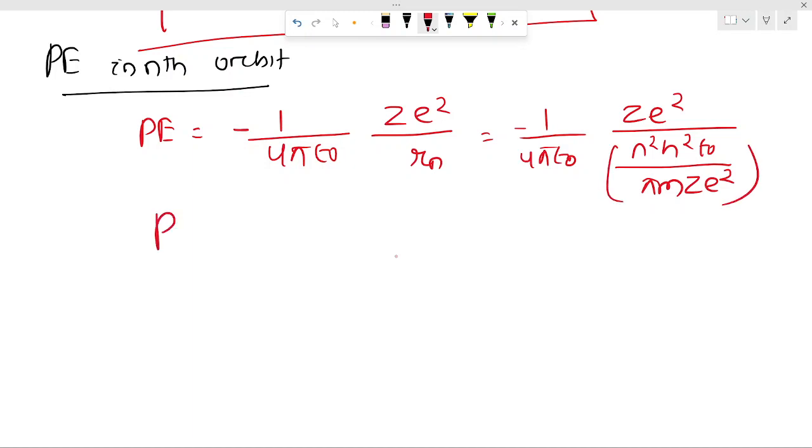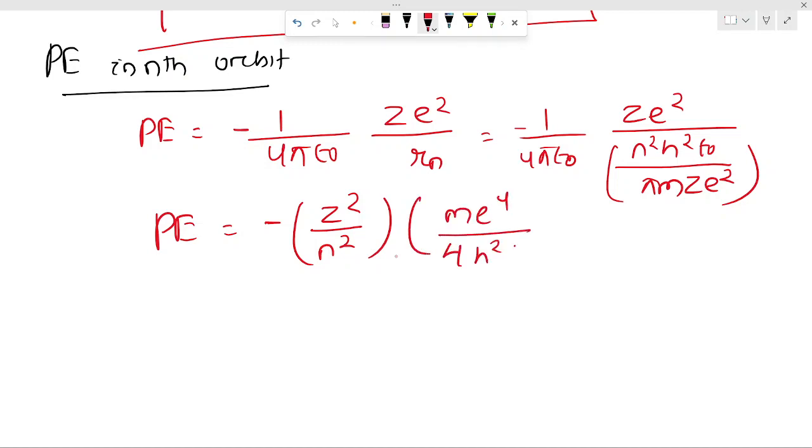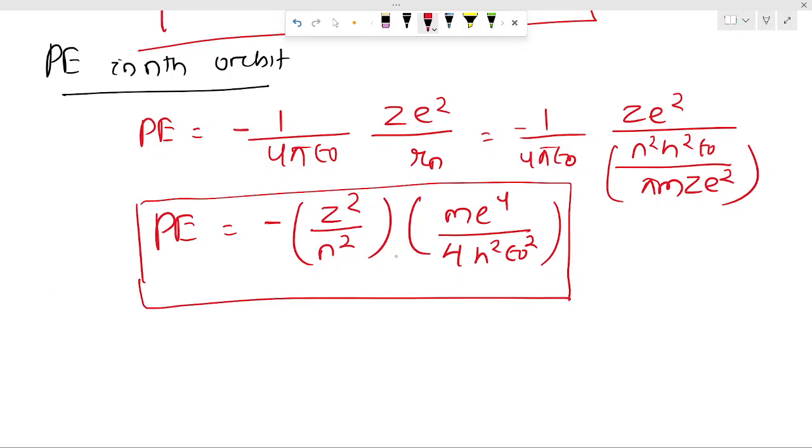I just put the value of R, so potential energy becomes minus Z square upon n square into m e4 upon 4 h square epsilon naught square. Give it an equation number and put it in a box.